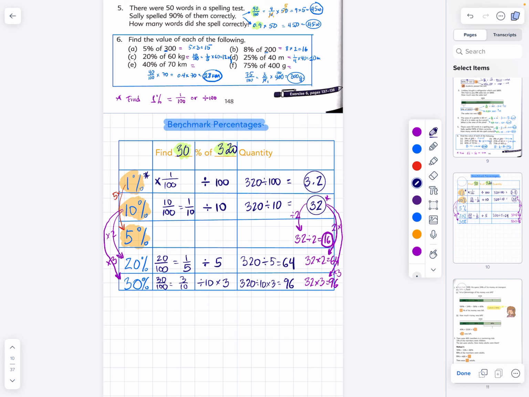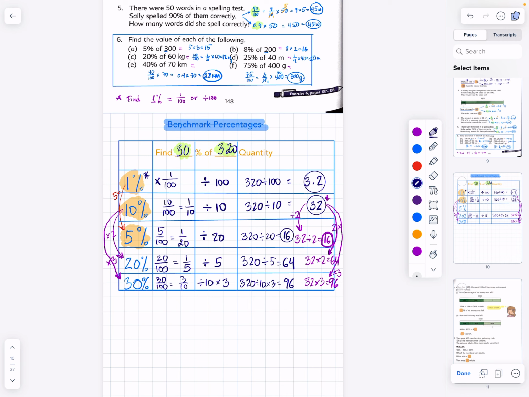Or another point of view, always valid, we can think of it as 5 out of 100 equal parts, right? Which is 1 out of 20. To find 1 out of 20 equal parts, it is very easy to divide by 20. And what is 320 divided by 20? Well, you know, it is 16.